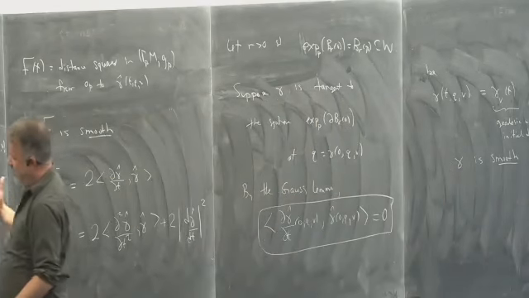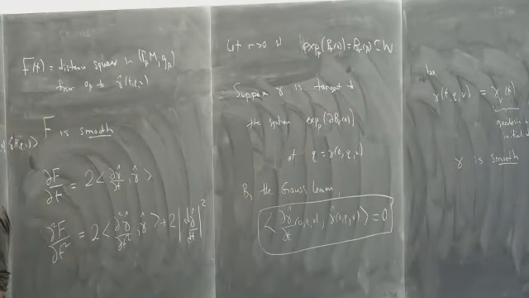We used it the other way when we proved it. We said if you had a picture in T_P M where you had a vector which was tangent to the sphere, right? Then it was orthogonal to the radial geodesic going out.